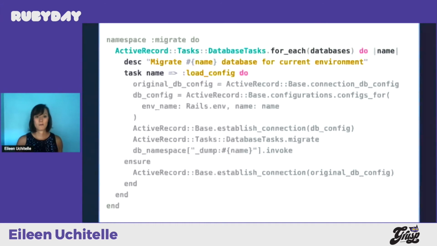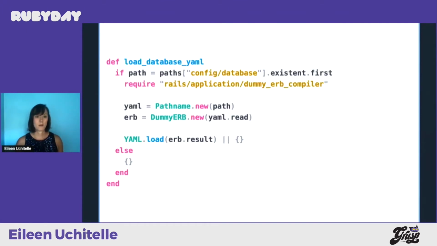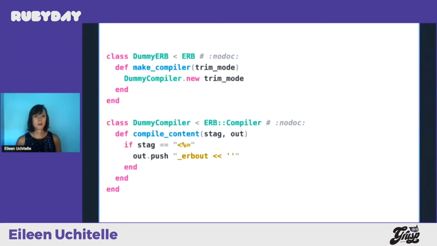If we loaded the config to generate the tasks, rails -T would have taken a dramatic performance hit. So we had to figure out a way to parse the YAML without evaluating any ERB or loading the entire application. To do this, we created a special YAML loader in Railties that parses the ERB with a special class named DummyERB. This class has only one job, and its job is to replace any ERB in the YAML with an empty string.